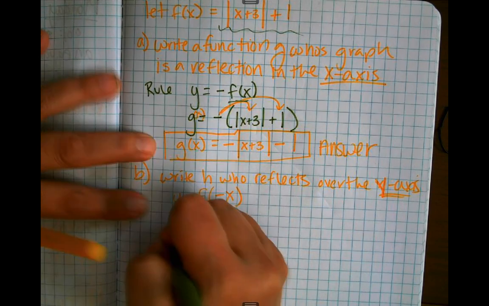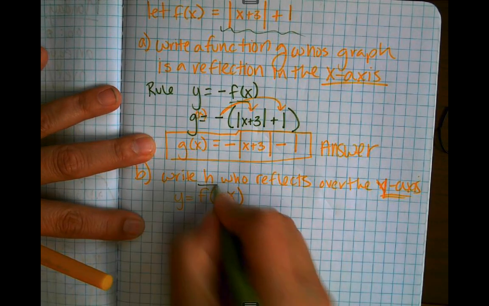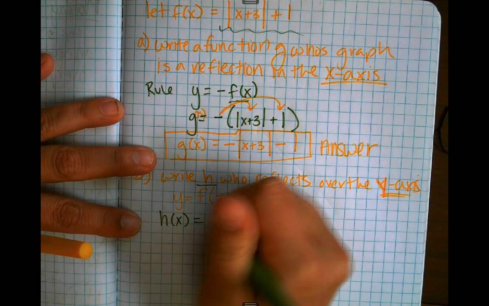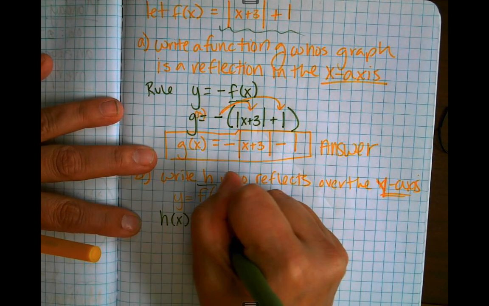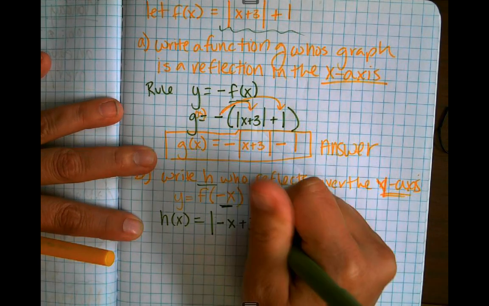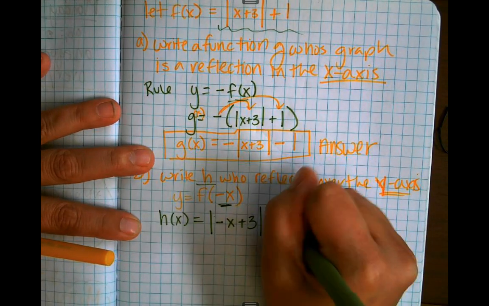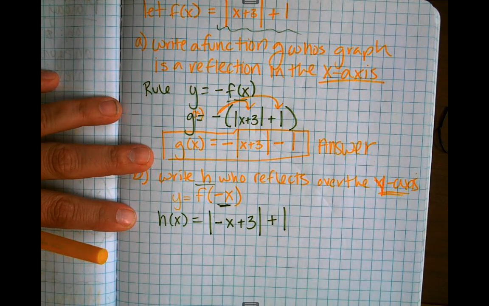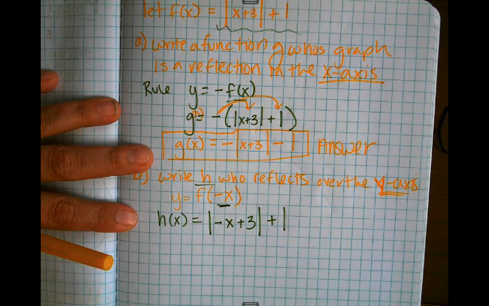So h of x equals absolute value bars, negative x plus 3, absolute value bars, plus 1. And all we did was replace.